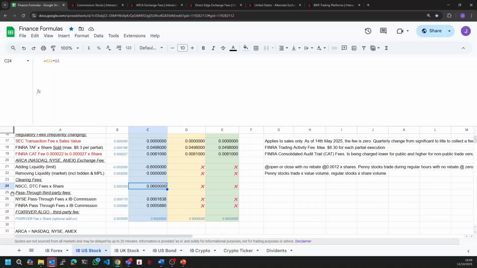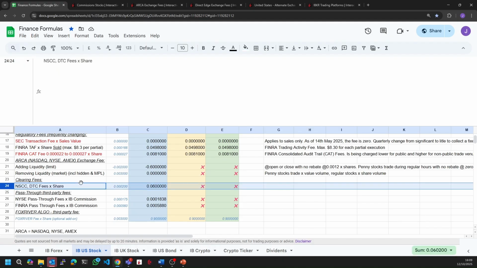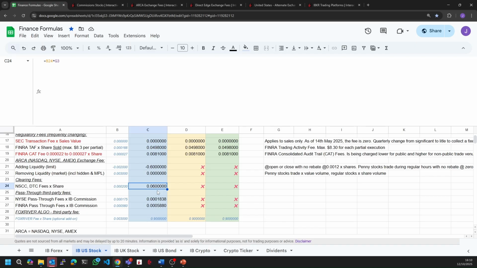And now, to cut it short, otherwise the video will be too long, a few more fees. This fee is what Interactive Brokers pays to the clearing house and to the custodian to transfer the shares from the old to the new name. I'm not sure if it's something similar to Clearstream in Europe.